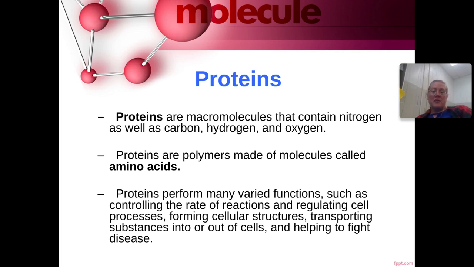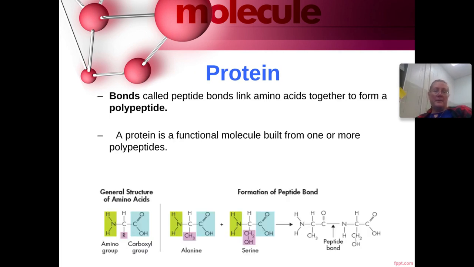They're part of your immune system. They help you fight diseases. And of course, they are part of your muscles. The bonds in proteins are peptide bonds, and these link the amino acids together to form a polypeptide. A protein is a functional molecule built from one or more polypeptides.